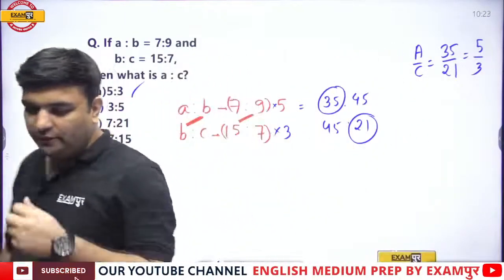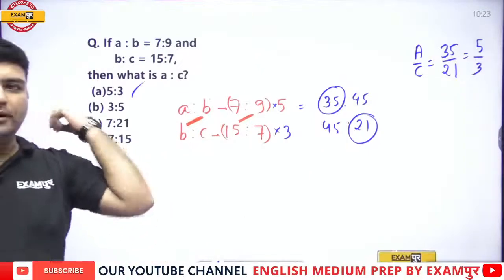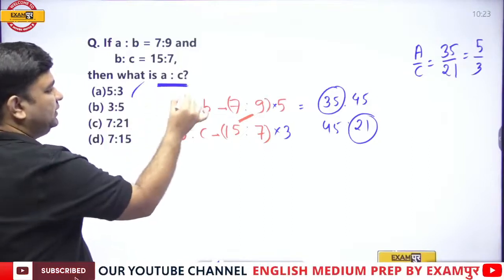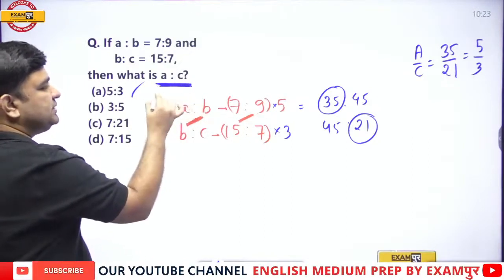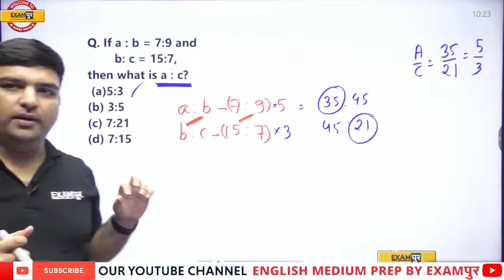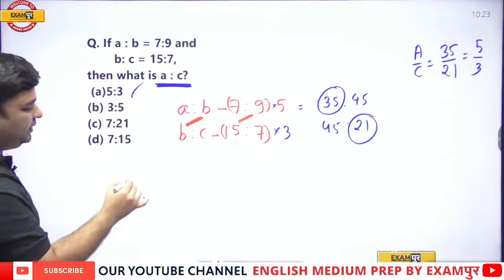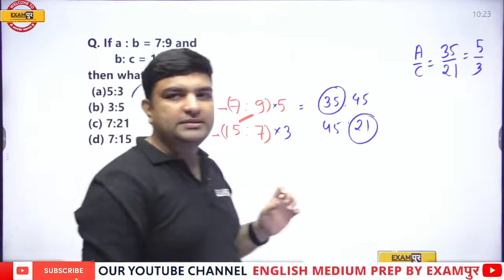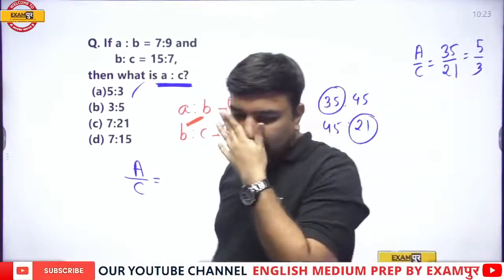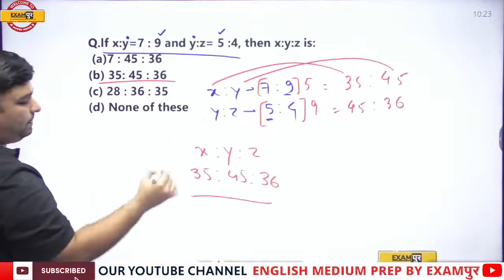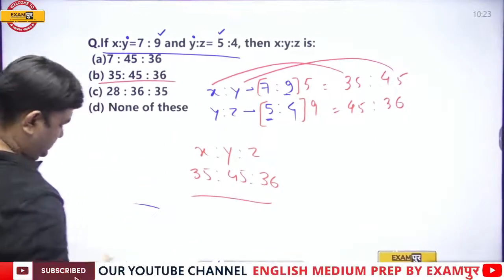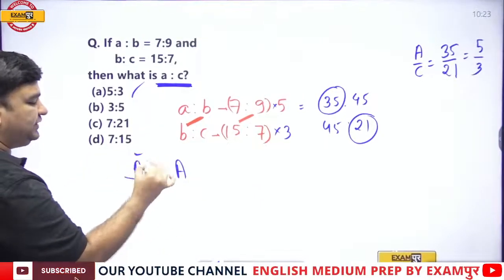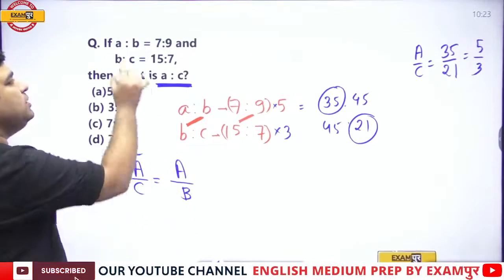Whenever the complete ratio is not required, like when it is only asking about A ratio C, the better way is that A by C can be written as A by B into B by C. A by B is known.